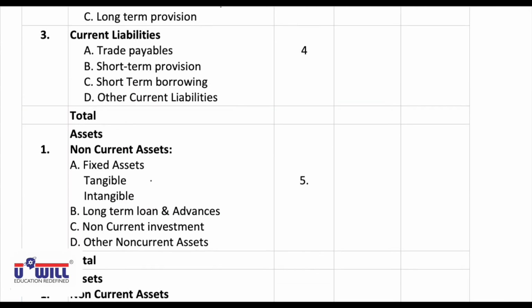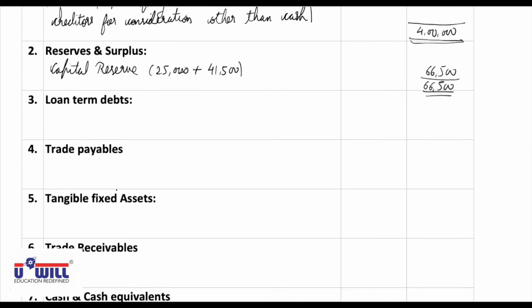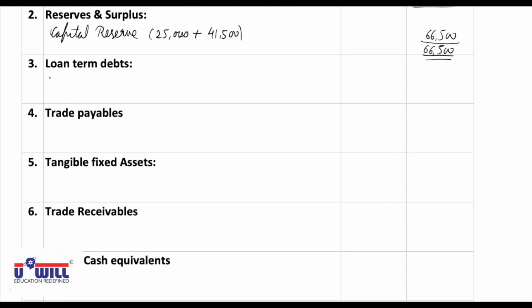So 2,000 6% debentures of rupees 75 each, that is 1,50,000.